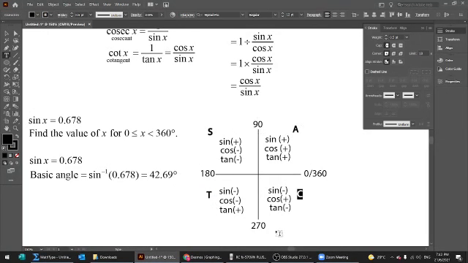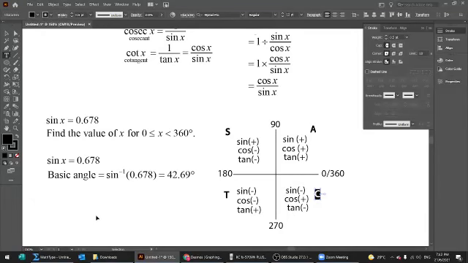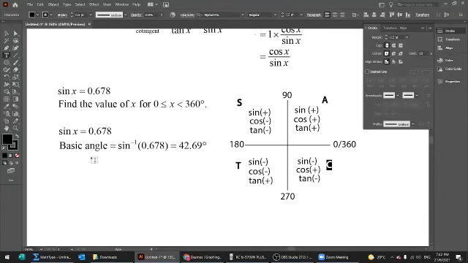So this is very important to us. Why? Now look back at this question here. You get your basic angle, sine inverse of 0.678, which is equal to 42.69. Is your value positive or negative?